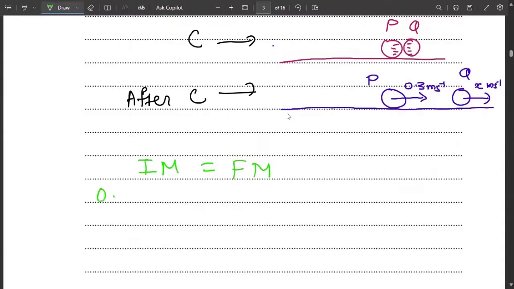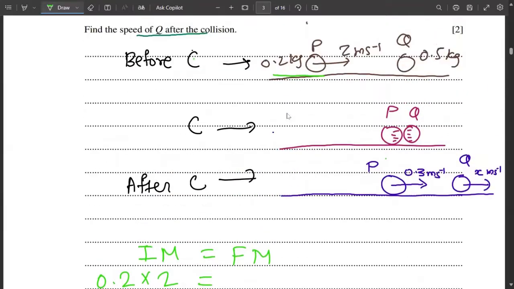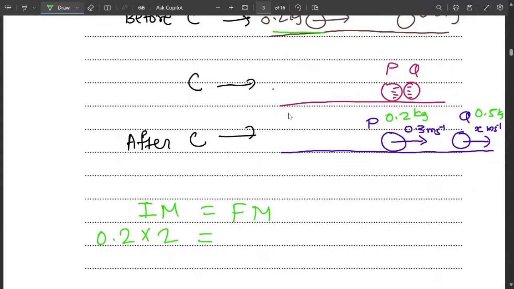So the initial momentum is 0.2 into 2. The final momentum will be the new momentum of P plus the momentum of Q, so it will be 0.2 into 0.3 plus 0.5 into x.